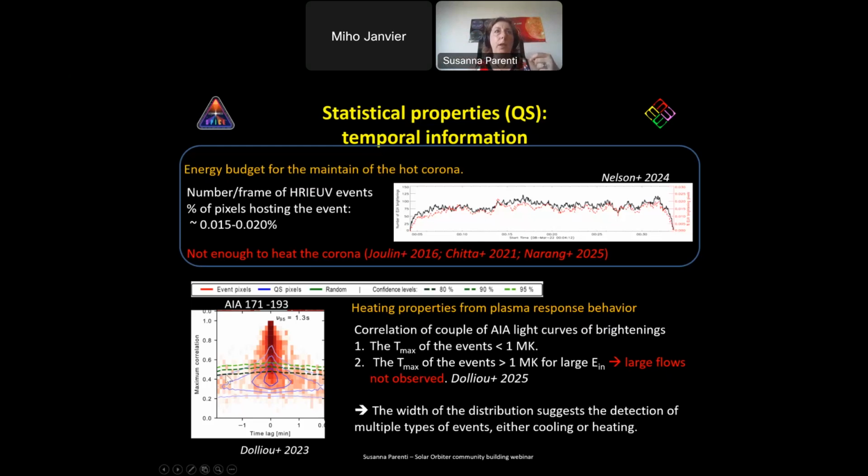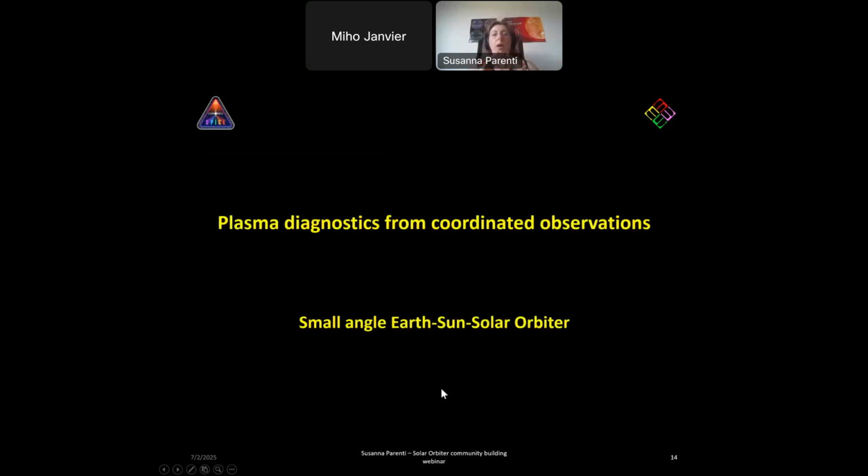Also, you see in blue here the distribution of the quiet Sun, so the pixels outside the brightening behave differently. Okay, so now I move from the statistical properties to show detailed analysis of some of these events, some plasma diagnostics.